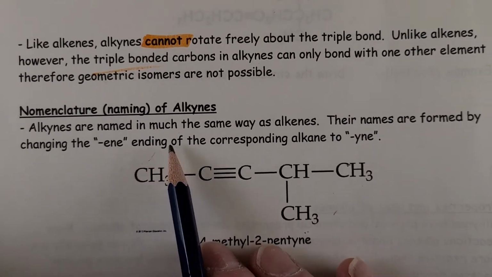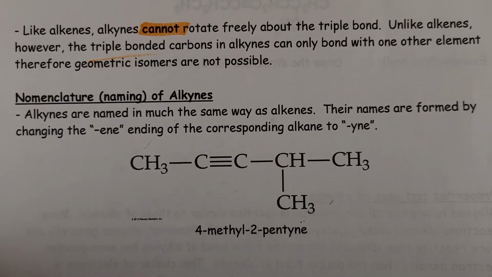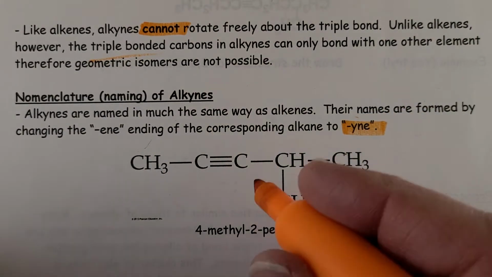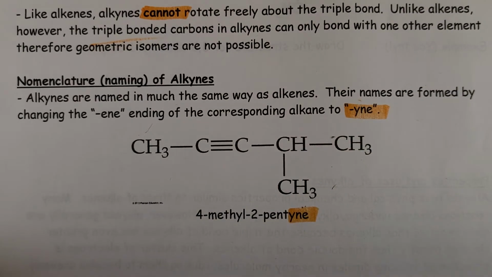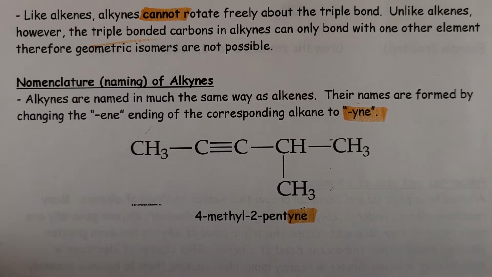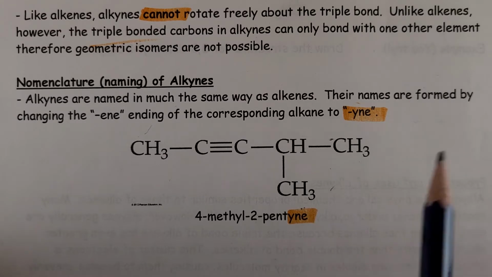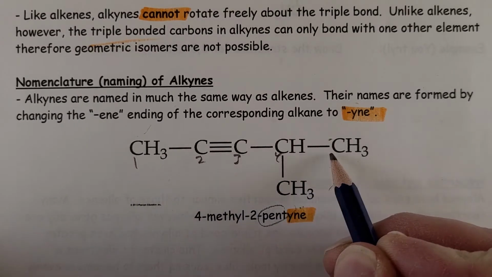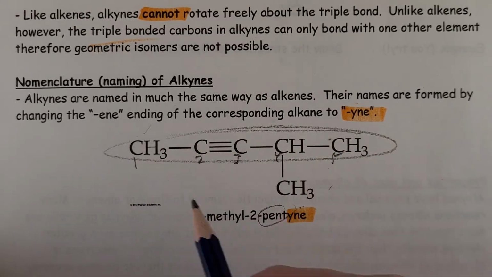Alkynes are named in much the same way as alkenes. Their names are formed by changing the ENE to YNE, so that YNE indicates that it is a triple bond. And just like before, pent, of course, that would be 5. 1, 2, 3, 4, 5 are in the longest chain.